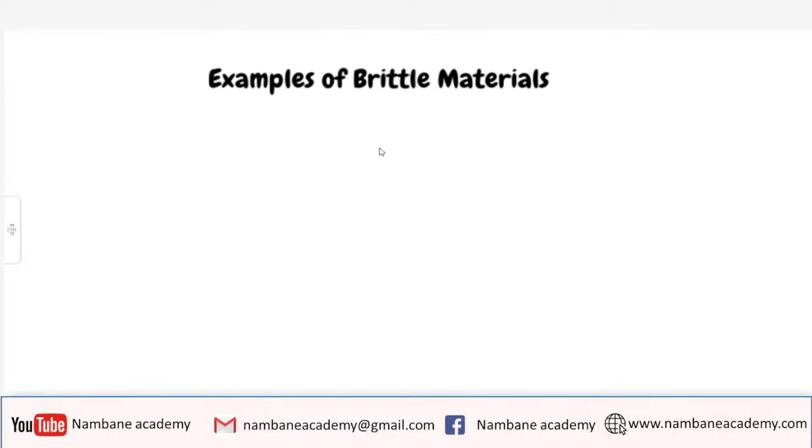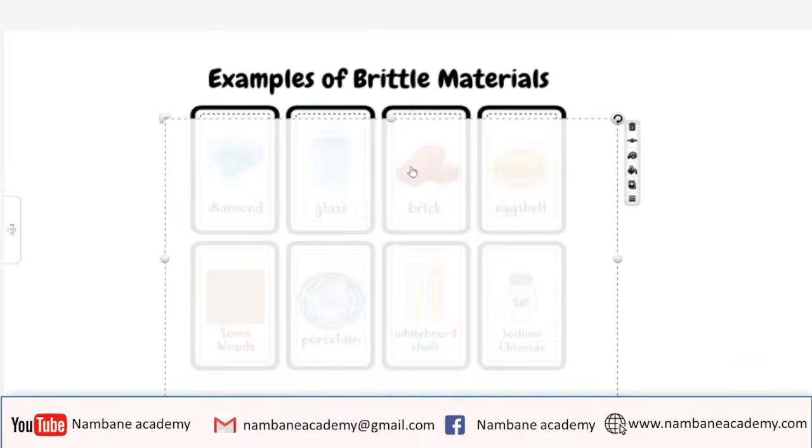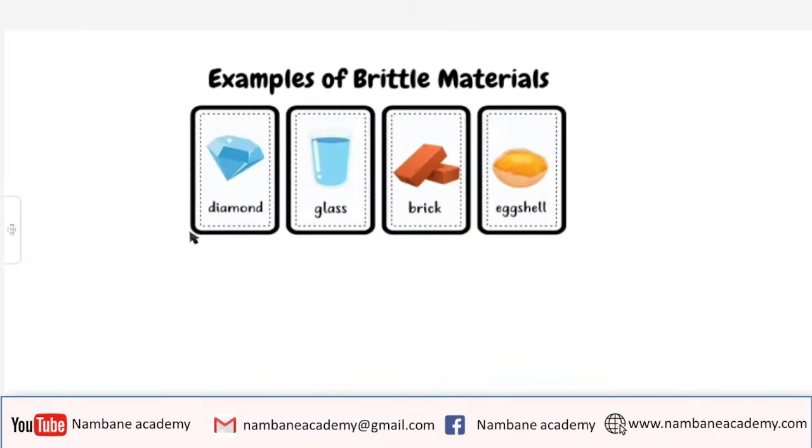Right, so brittle materials. If we speak about brittle materials, remember I said it can break easily, it can fracture, it can be deformed very easily if you drop it or even if you heat it with something. So under here, I've got my first 4 examples. For example, diamond is brittle, glass is brittle, a brick, yes, if you drop them, they can break, and an eggshell is a very good example.